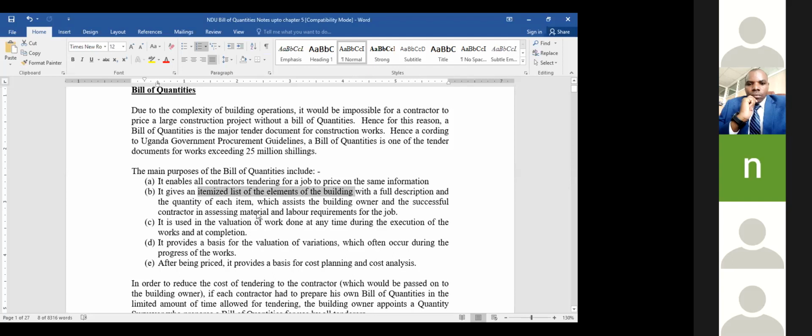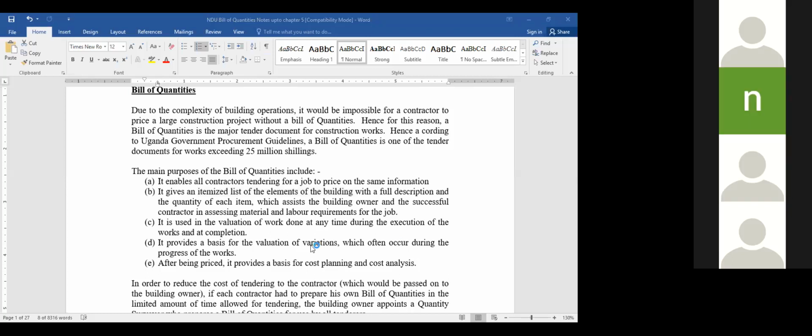And then it provides a basis for the valuation of variations, which often occur during the progress of the works.